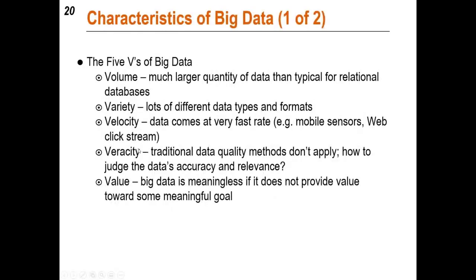So in big data, we can say that there are five characteristics. We call them the 5 V's of big data. Obviously, volume is one of the key things, because nowadays organizations tend to capture and record more and more data.